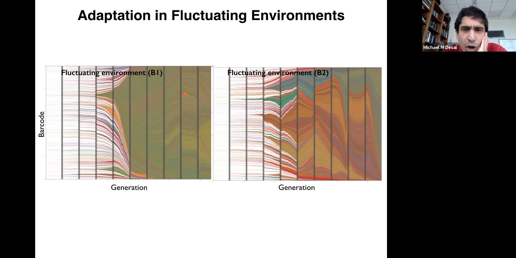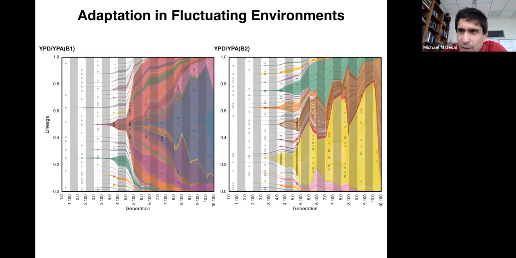I'm going to show an example of a couple of situations where we have fluctuating environments. We can do the same kind of thing where we infer when new mutations arose and their fitness effects in each environmental condition. These two environments we chose are fluctuating between the two conditions I was talking about earlier, the rich media and the somewhat stressful media.